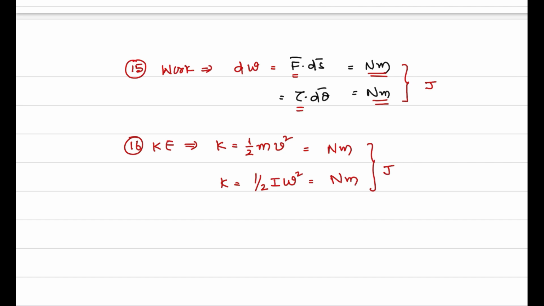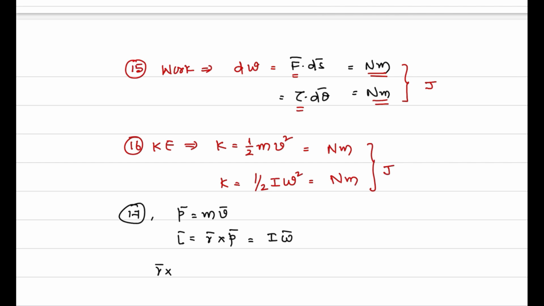And linear momentum I have already told you. Angular momentum I have already told you. Linear momentum is P is equal to m v bar, and angular momentum is L is equal to R cross P, or it can be I omega. Let us check whether I omega and R cross P both have the same dimensions or not.